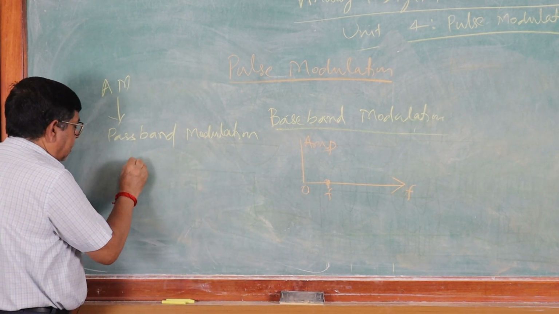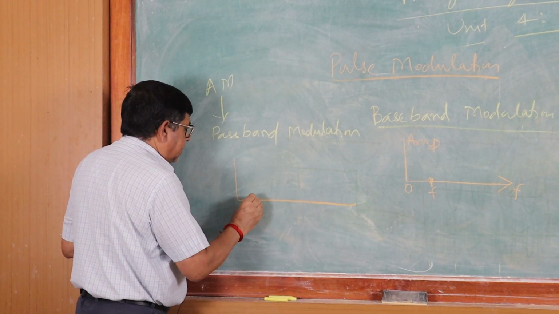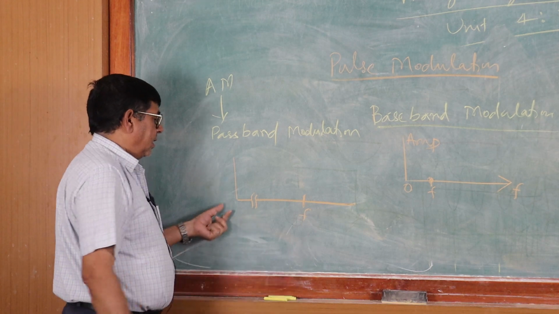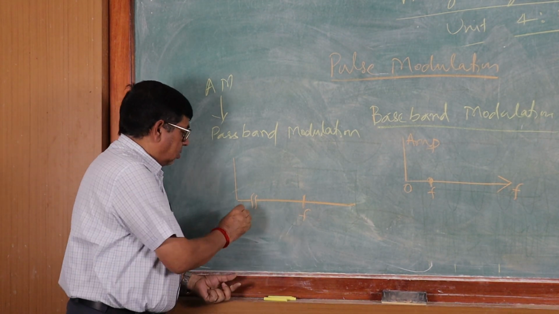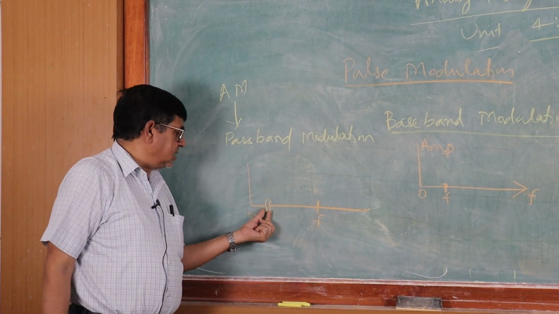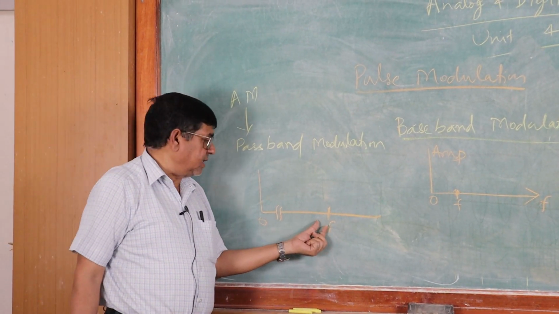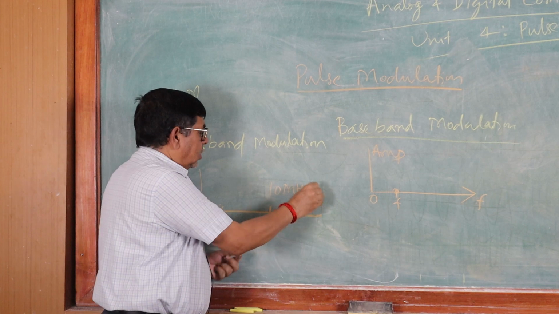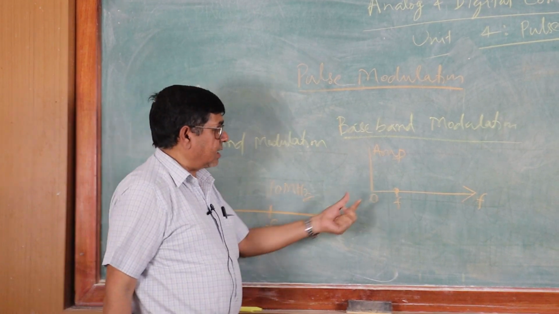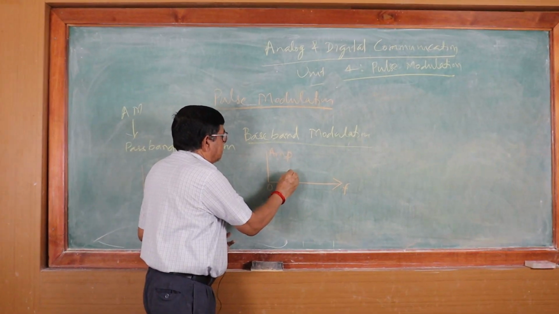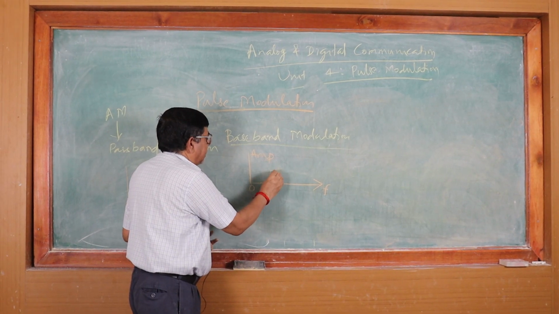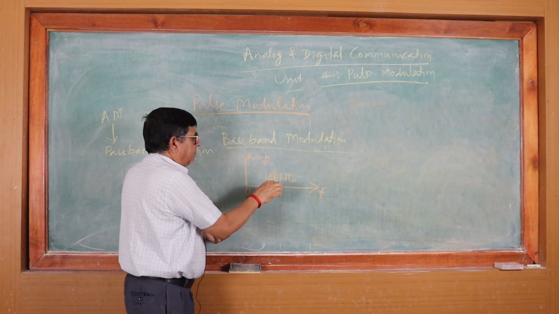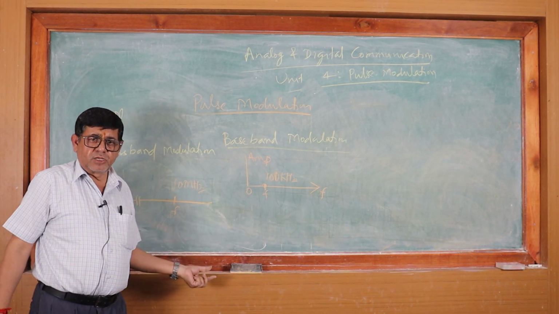In pass band modulation, the carrier frequency is very far from zero. Okay? So this is a pass band modulation. If I take the carrier frequency at 10 megahertz, this is your pass band modulation. If we take the carrier frequency at, let us say, 10 kilohertz or even 100 kilohertz, this is your baseband modulation.